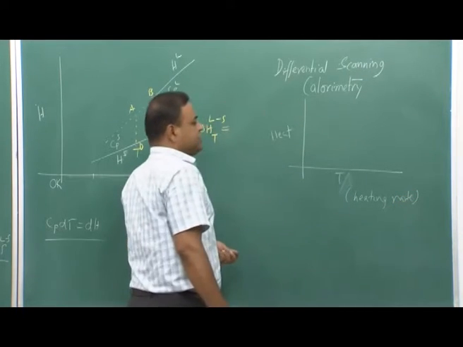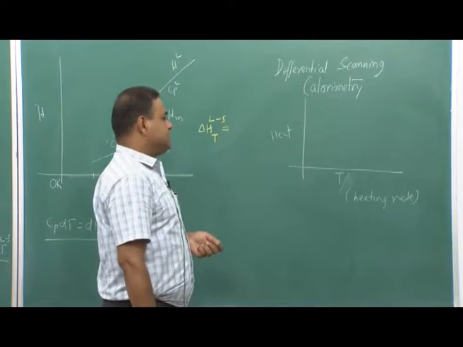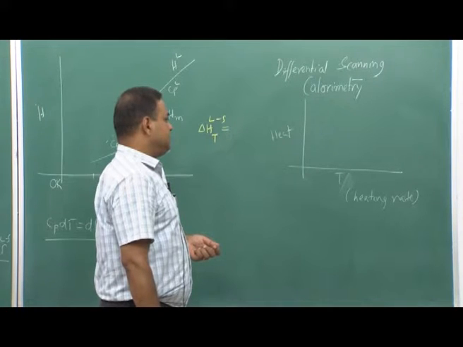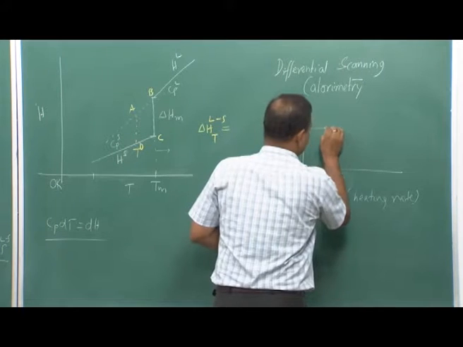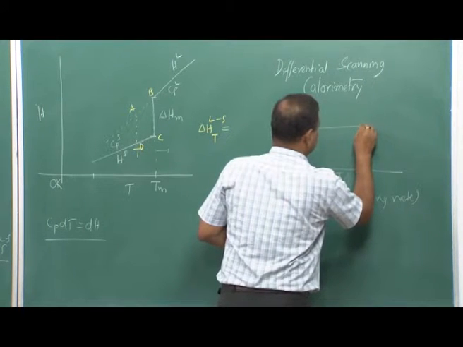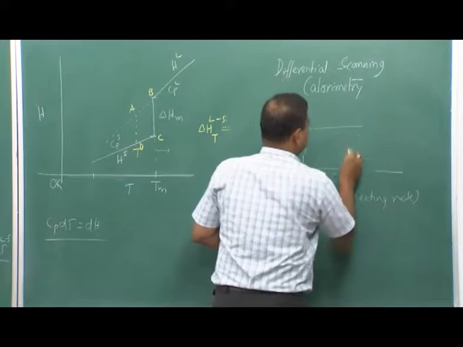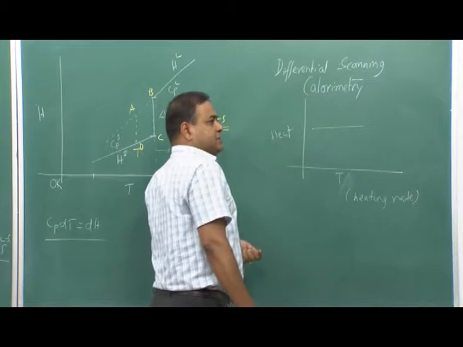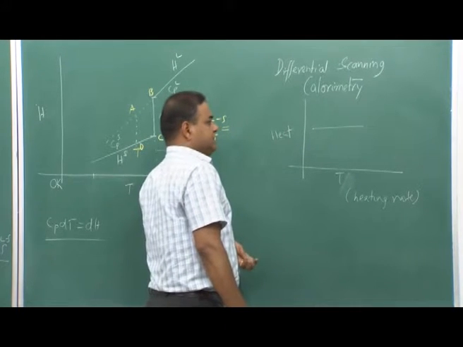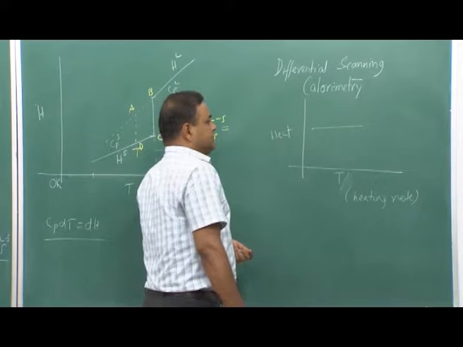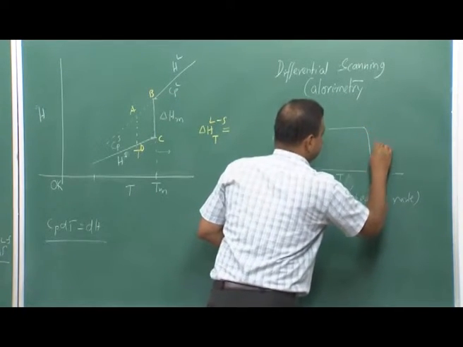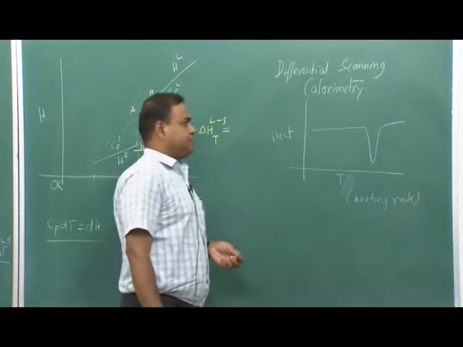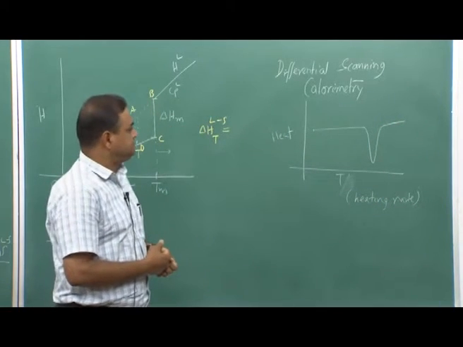And if we try to see a pure metal DSC pattern, DSC trace, we would see that when it melts, it is an endothermic reaction. So, you would get a plot like this. It absorbs heat.